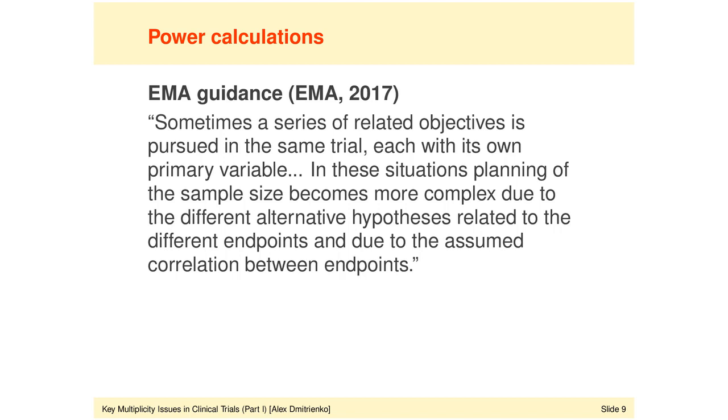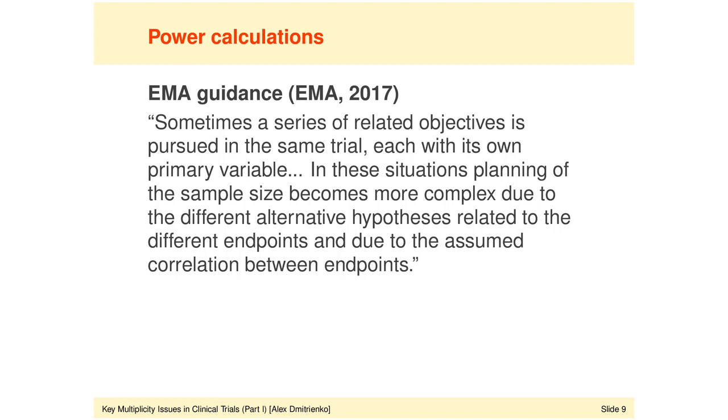It is stated in this document that sometimes a series of related objectives is pursued in the same trial, each with its own primary variable. In these situations, planning of the sample size becomes more complex due to the different alternative hypotheses related to the different endpoints and due to the assumed correlation between endpoints.